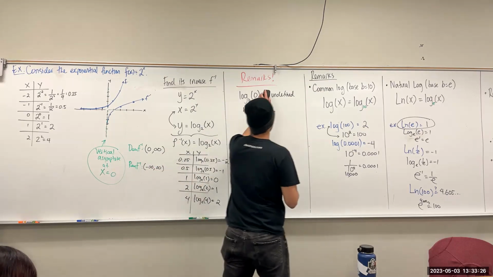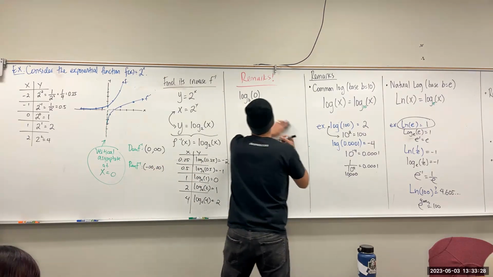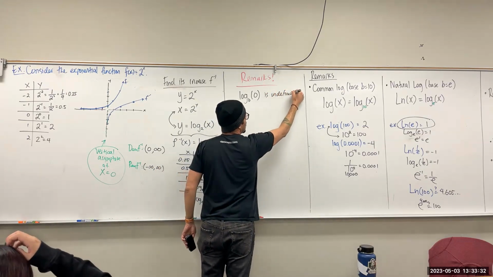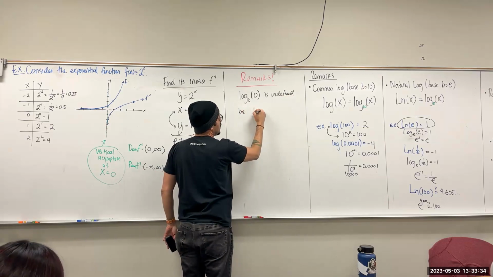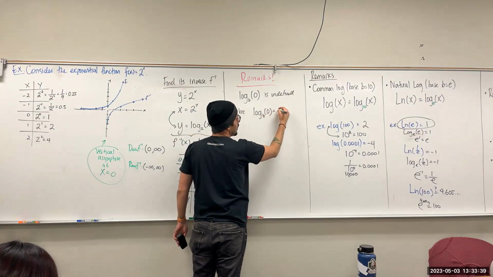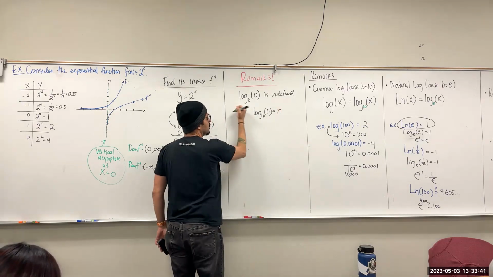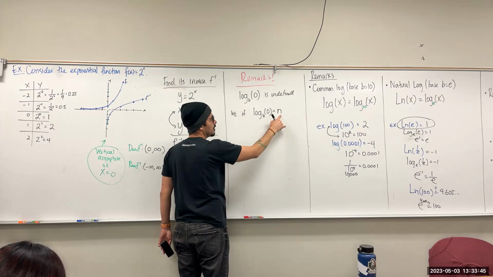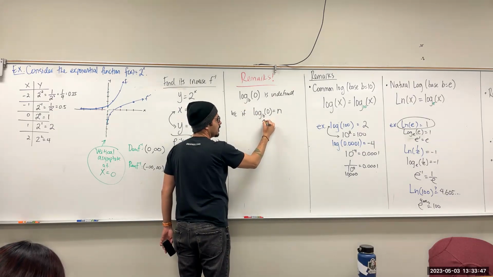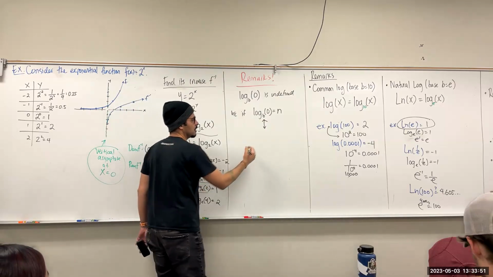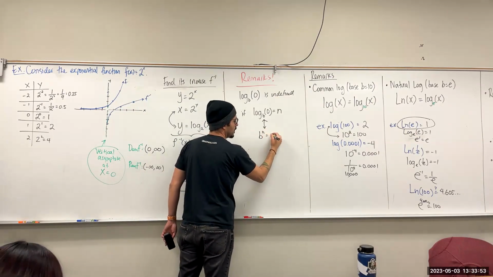Let me write it like this. Log base b of 0 is undefined because if it equals something, let's just say it equals a number n. If this equals some number, then when you write this in exponential form, what would that look like? b to the power of n is equal to 0.